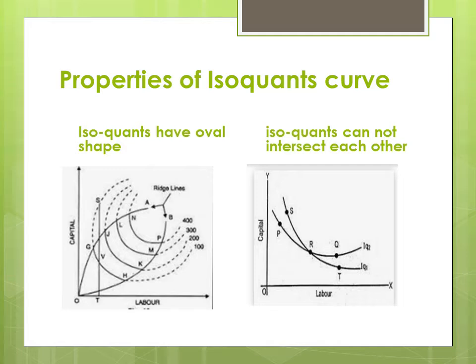In stage first, above the ridge line, marginal productivity of capital is negative, and in stage third, below the ridge line, marginal productivity of labor is negative.